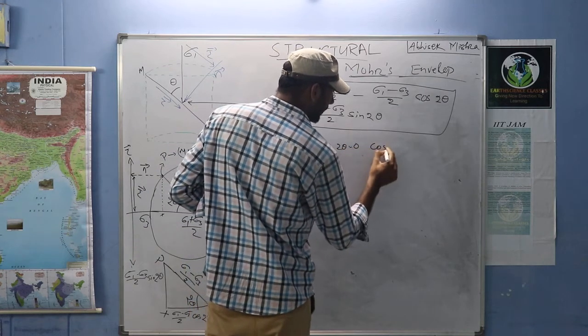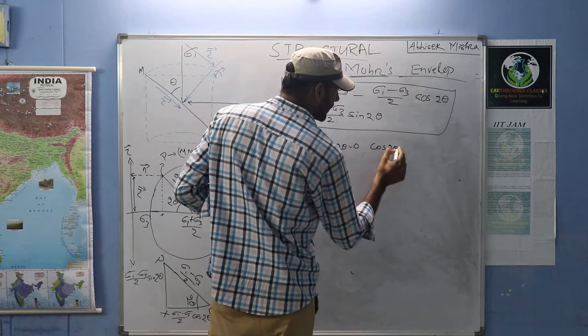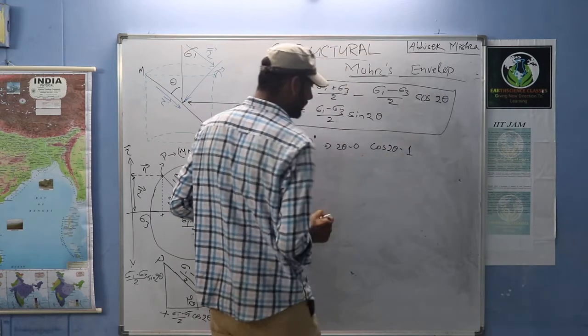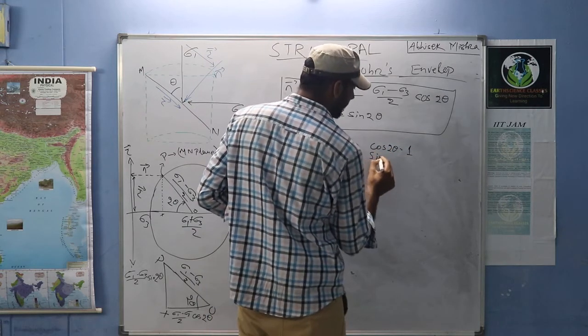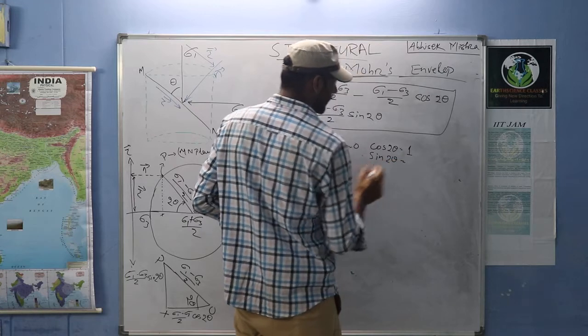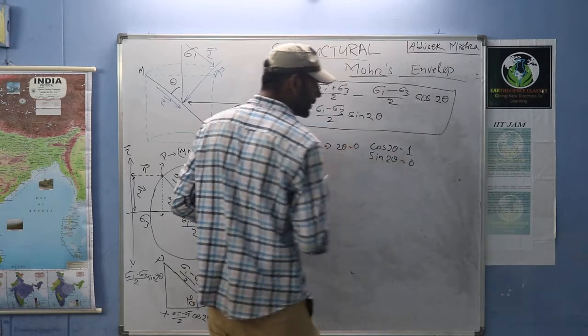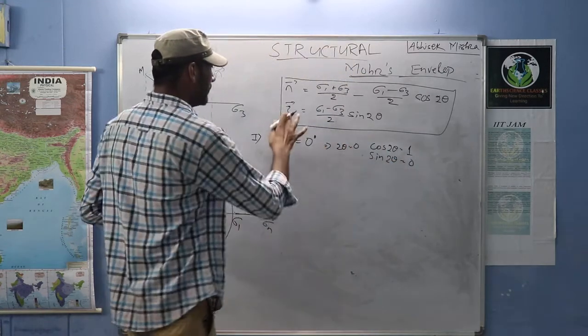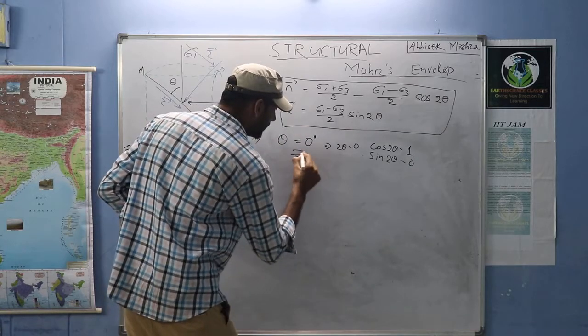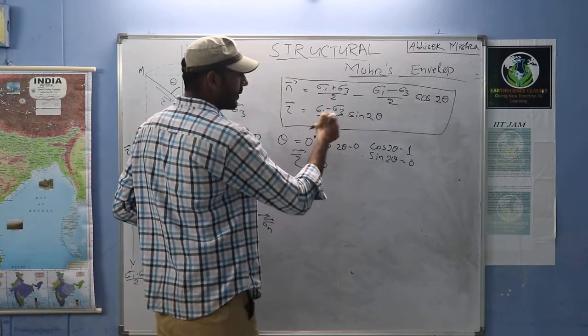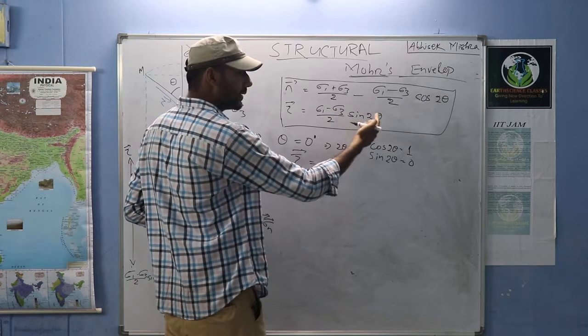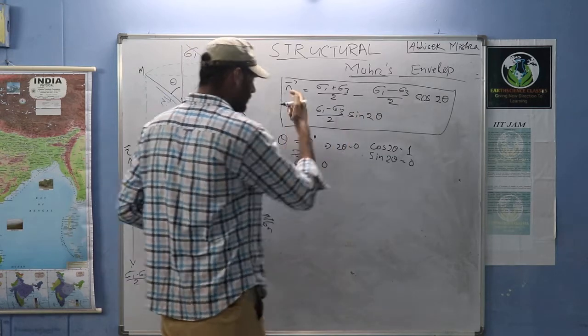So cos 2 theta will be cos 0, which is equal to 1. Sin 2 theta will be sin 0, which is equal to 0, right? So tau will become 0, since (sigma 1 minus sigma 3)/2 sin 2 theta is 0.